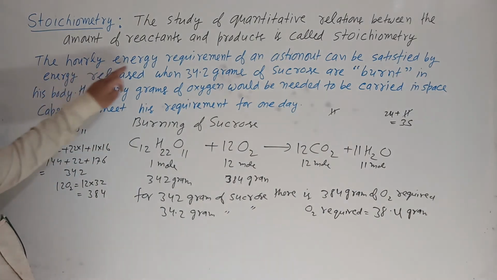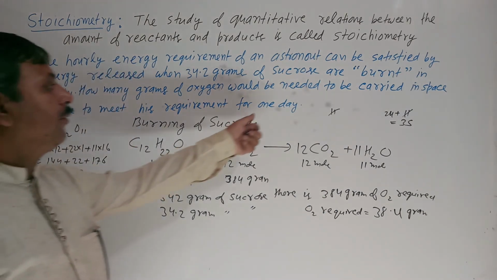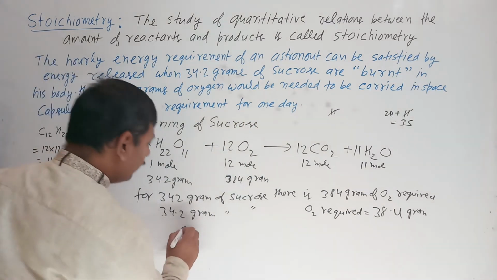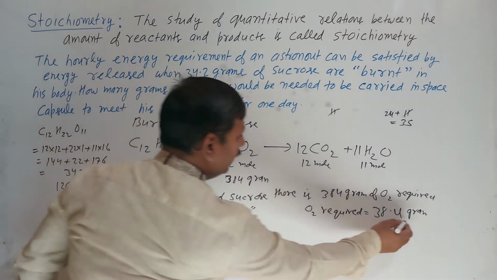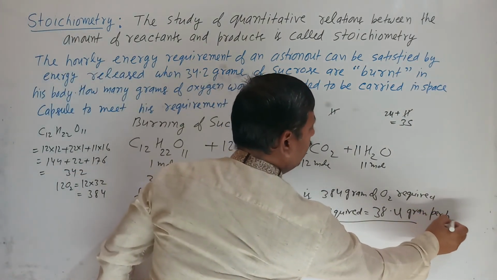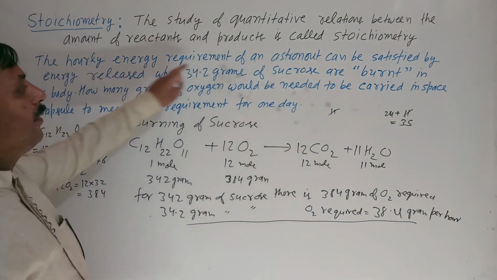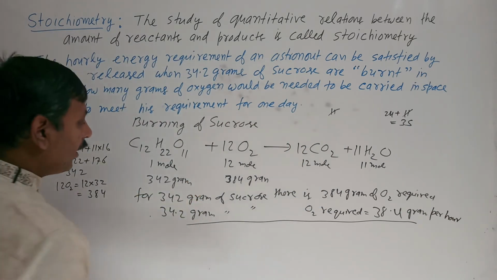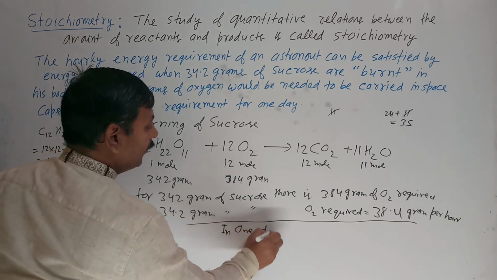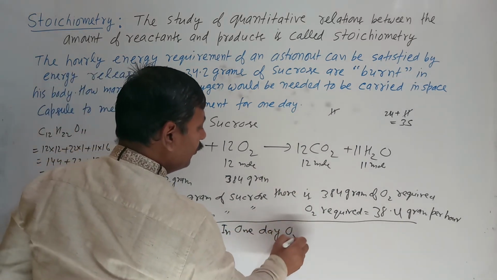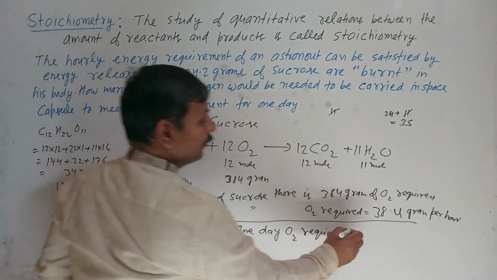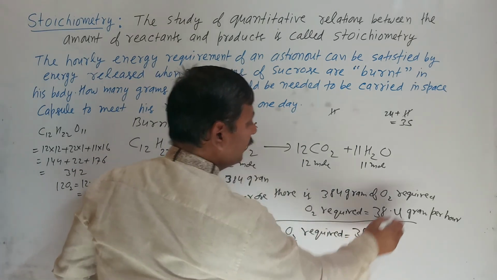So they have given hourly energy, 1 hour. So what will be in the day? So for a day, how much oxygen is required? So this is per hour. Hourly energy requirement they have given. So in a day, how much is required? So in one day, oxygen O2 required is equal to 38.4 in 1 hour.